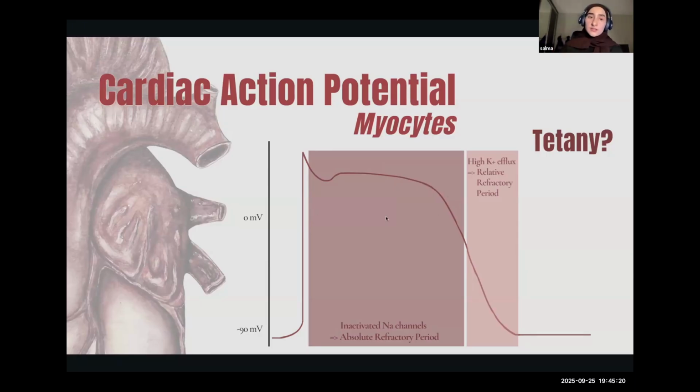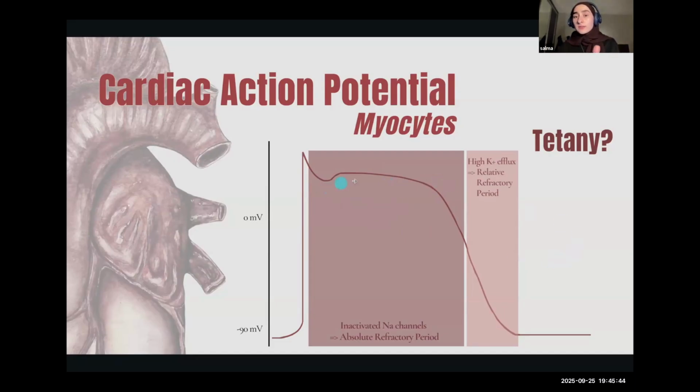Yes, it's the sodium channels, but what causes it to be this long? Why isn't the refractory period much shorter, like in skeletal cells? Why is it this long? Because of the plateau. And what causes the plateau? Calcium and potassium. Exactly.